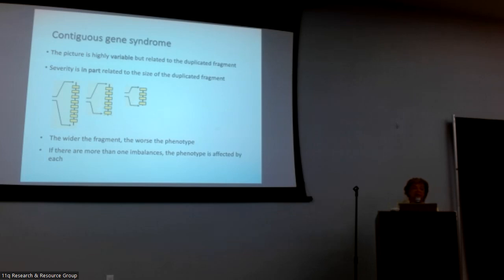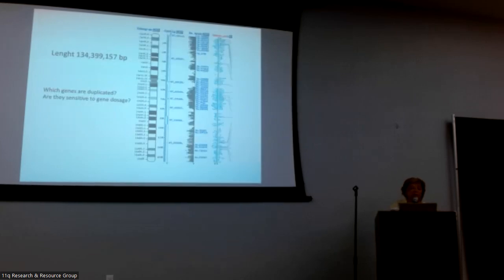Besides the size of the duplication, the region of duplication is important. In fact, duplication of genes sensitive to dosage would make it more difficult for the cell to survive.